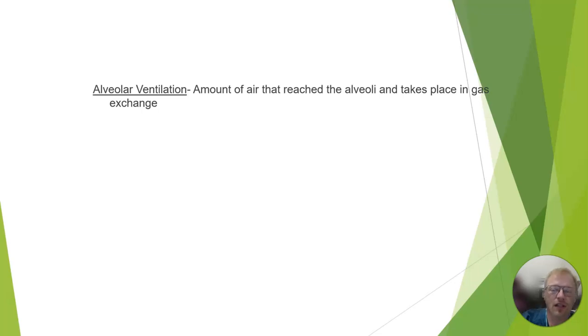Now, one of the other ones we talked about is alveolar ventilation. So this is how much air actually reaches your alveoli and takes place in gas exchange. So we take the tidal volume that you breathe in minus your anatomic dead space, and that gives me your alveolar ventilation. How much of what you're breathing in is actually getting to the alveoli.